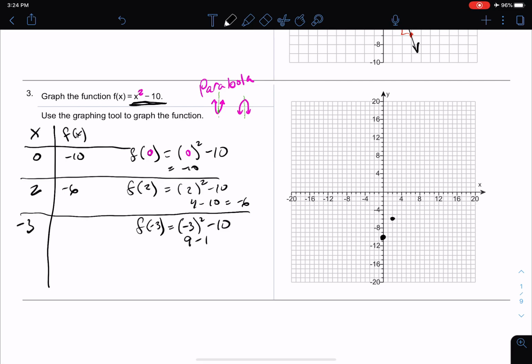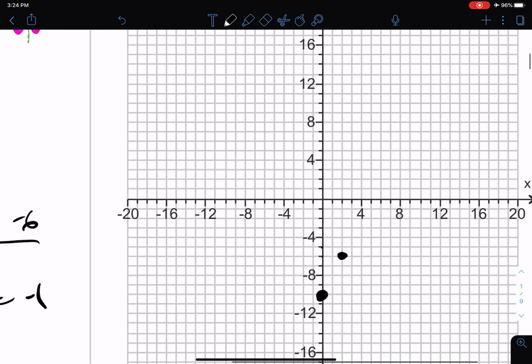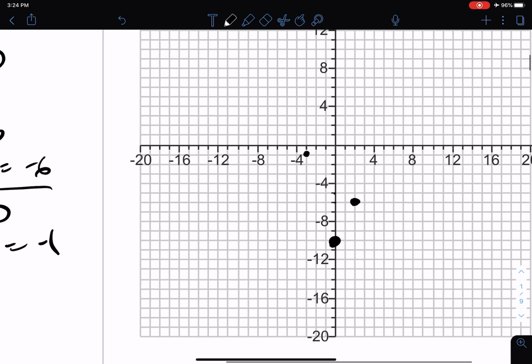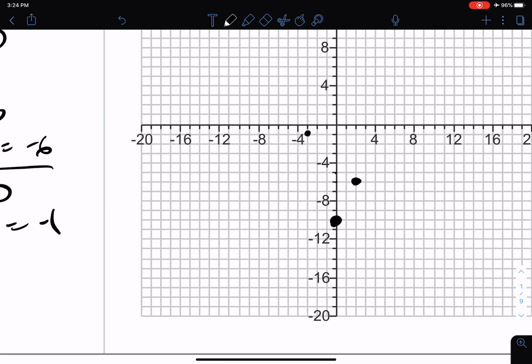That gives us 9 minus 10, which equals what? Negative 1? 9 minus 10 is negative 1, so negative 3, negative 1. Let me zoom in, negative 3, down 1. And so it looks like it could be some sort of U shape, right?